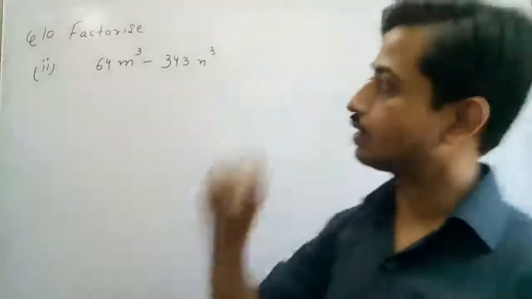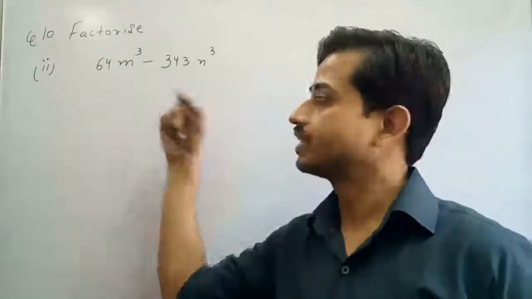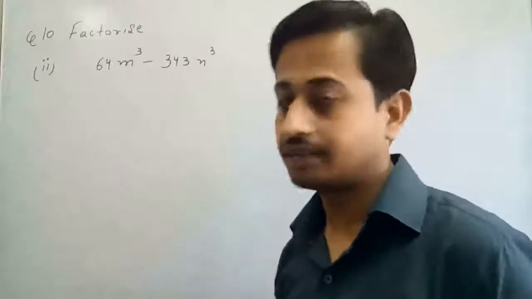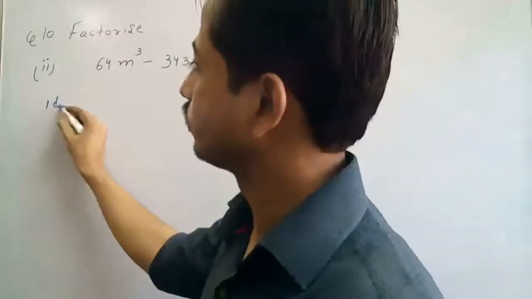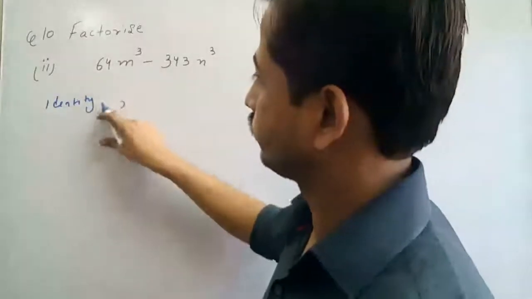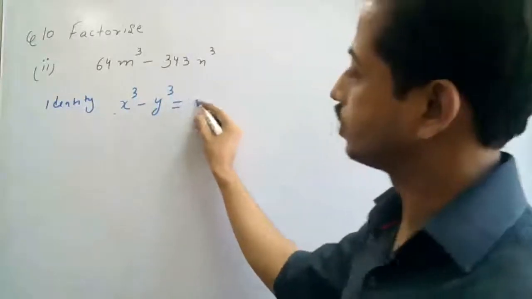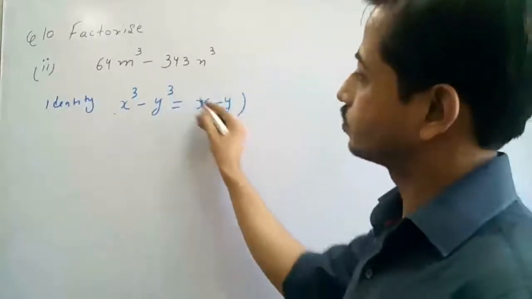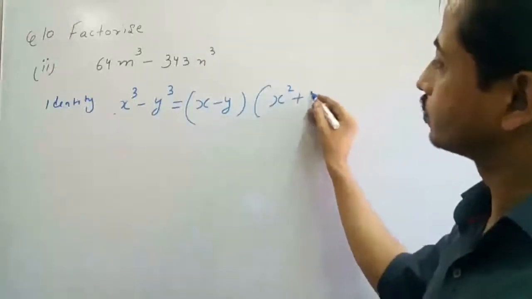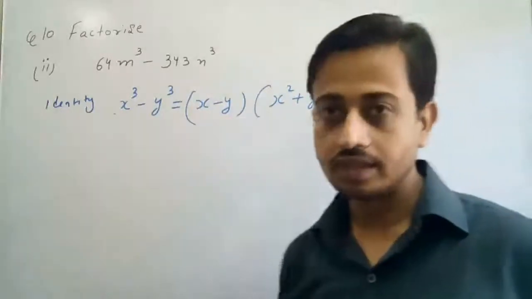Now look at the second part of question number 10. In this the term is the same cube, but the sign is negative, so it matches with identity number 10. What is identity 10? x cube minus y cube is equal to x minus y into x square plus y square plus x into y.